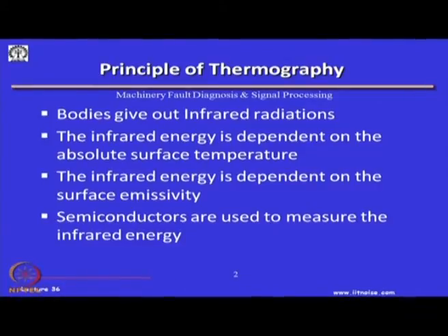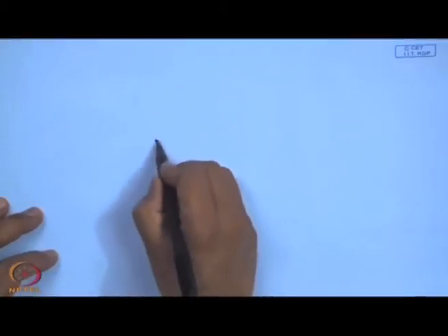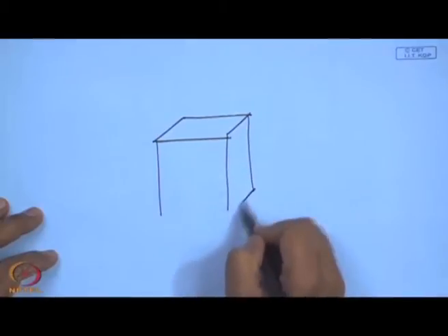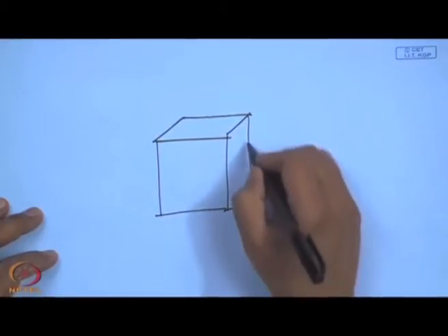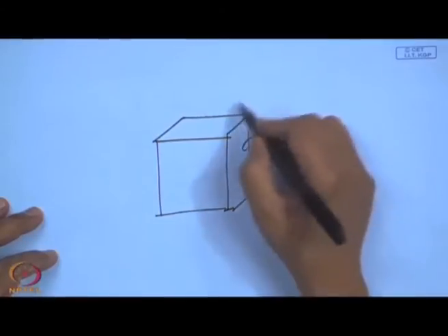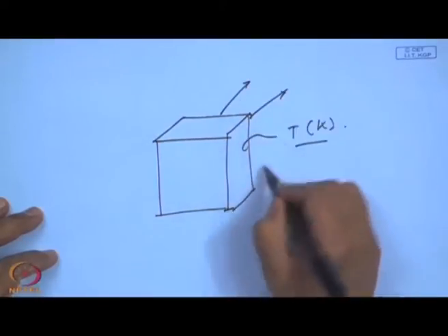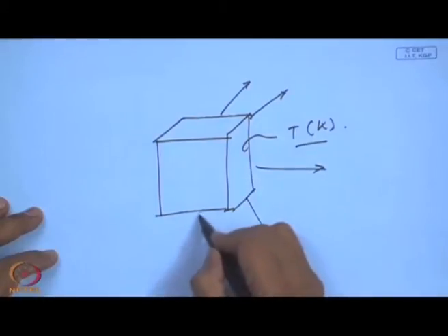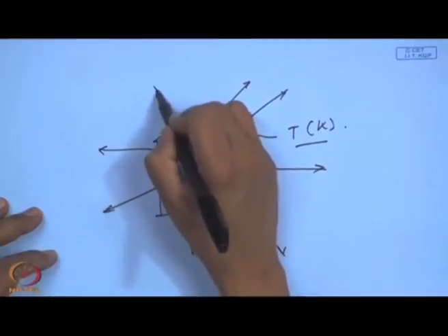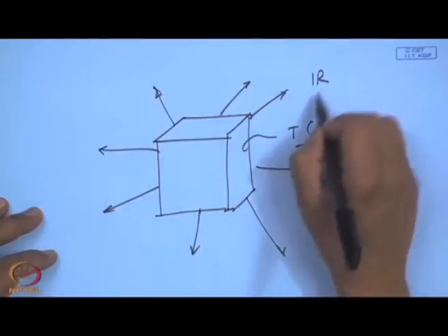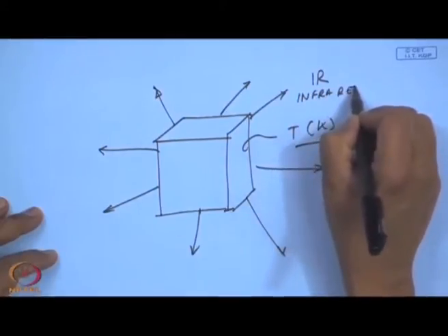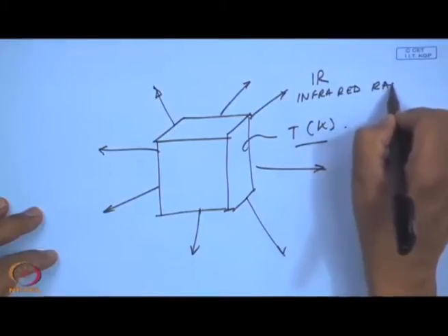In fact, if you think of a 3-dimensional body at a certain temperature in Kelvin, it gives out infrared, IR, radiations.